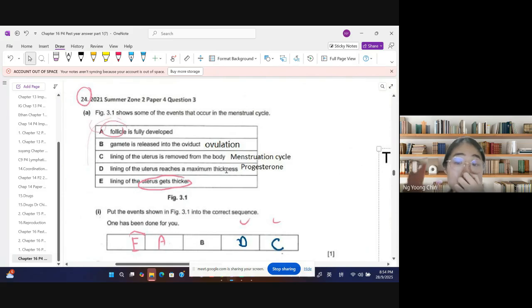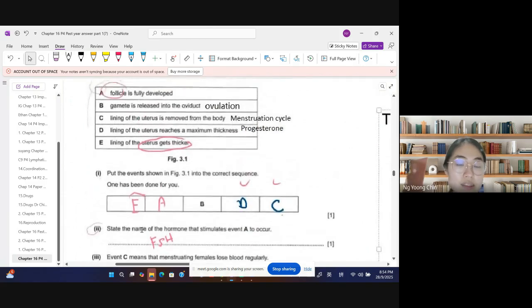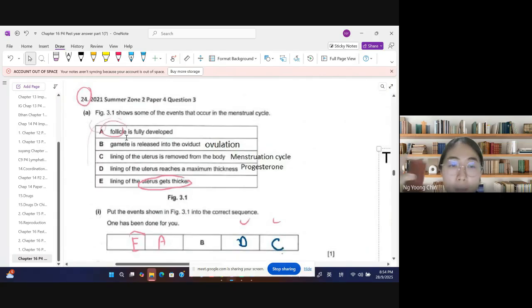This is because of the influence of progesterone. After that, the menstruation occurs, which is when the lining of the uterus is removed from the body. So state the name of the hormone that stimulates event A to occur. Any hormone related to the development of follicles belongs to FSH. Just remember that FSH is the first hormone produced after the menstrual cycle ends.